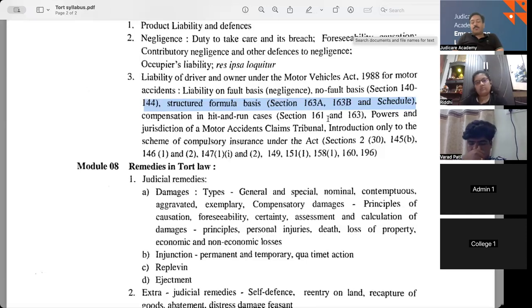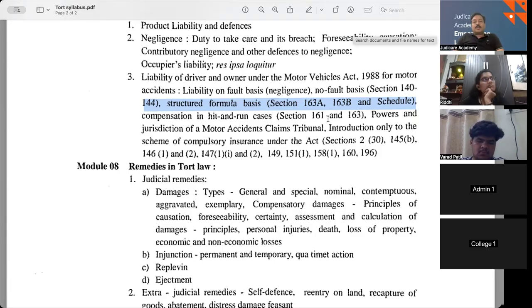It makes it far more important for the courts to swiftly provide instructions to the government bodies to ensure quick payment for hit and run cases where there is no identification of the person who has committed the crime, and the victim cannot be left in a lurch without any support from the government. That is where the importance of hit and run compensation under the special provision of section 161 is quoted.